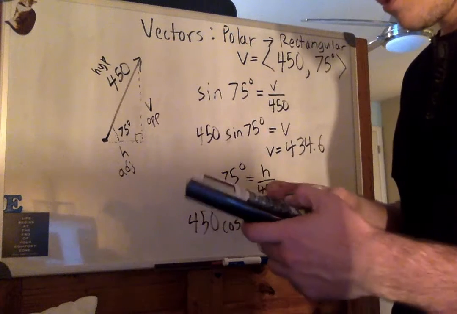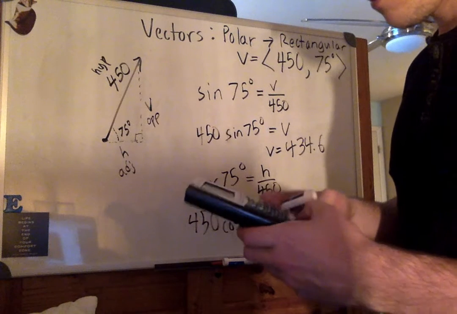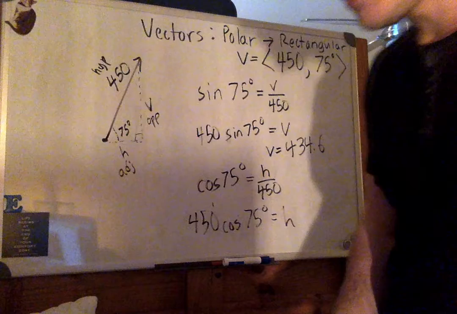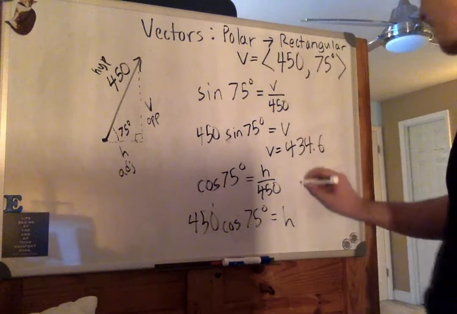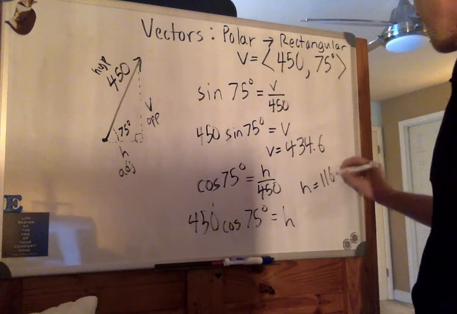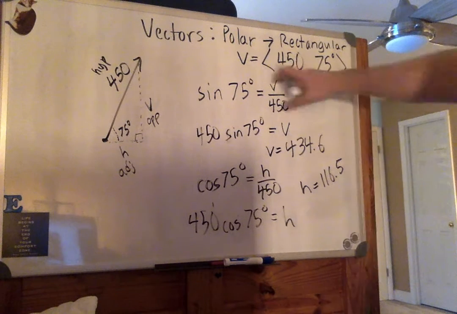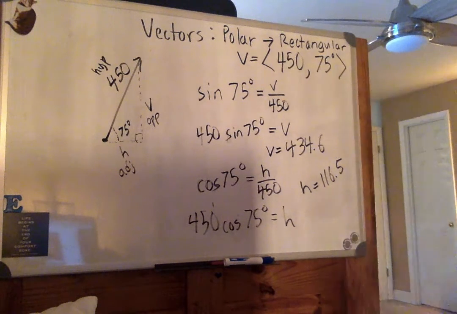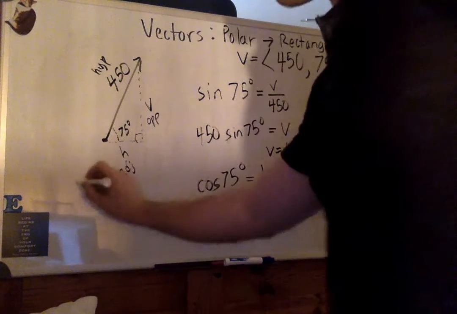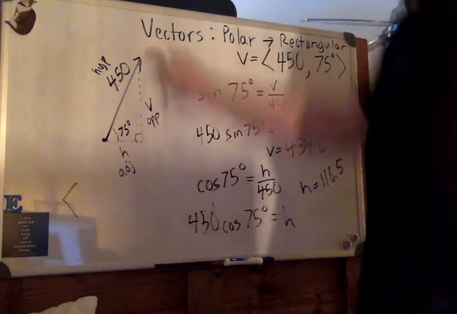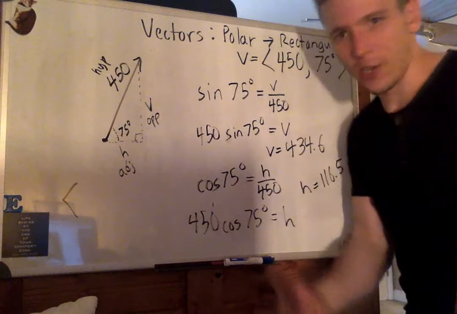Use the calculator, and I got 116.5. Cool. So now, instead of having to express this as a magnitude and a direction, I can express this exact same vector in terms of its horizontal and vertical components.